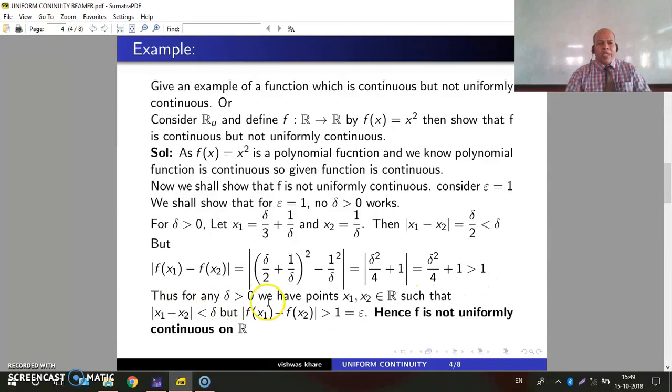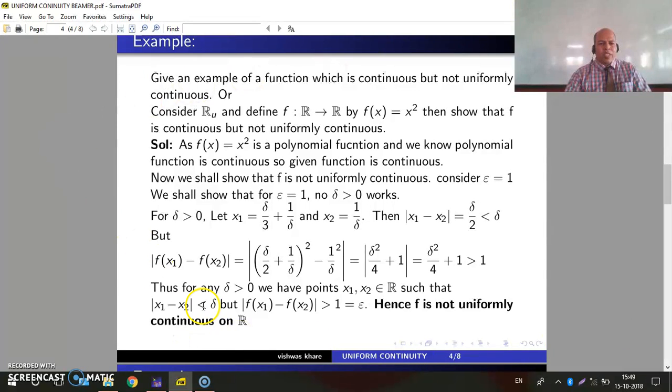Thus, for any delta greater than 0, we have points x1, x2 belonging to R such that modulus of x1 minus x2 is less than delta, but modulus of f(x1) minus f(x2) is greater than 1, which is equal to epsilon. Hence, f is not uniformly continuous on R.